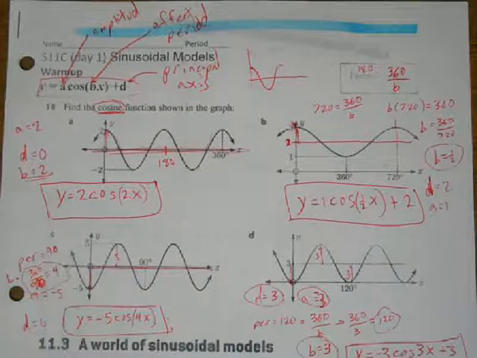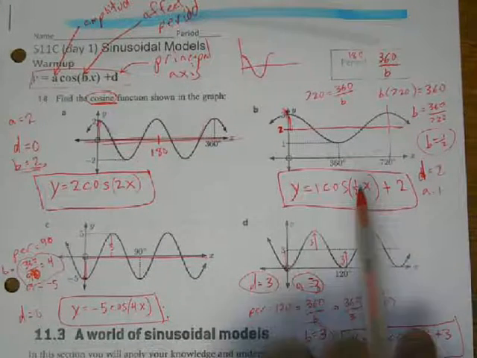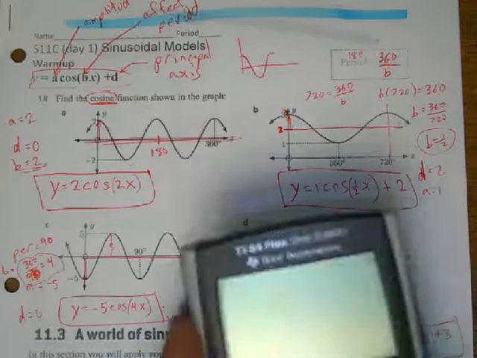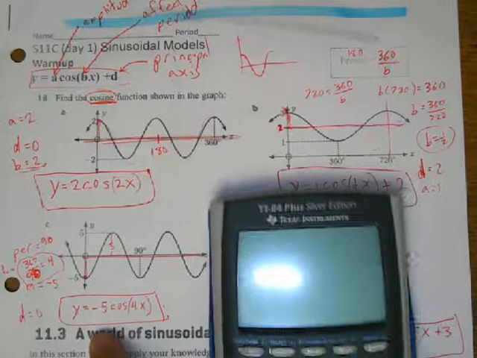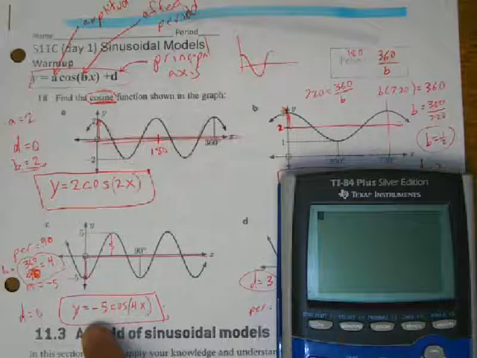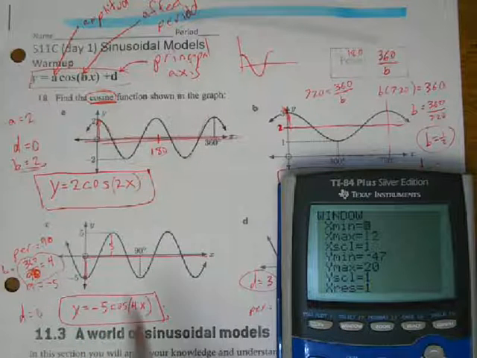Okay. All right. You may want to hit pause and think about this for a second. I think the trickiest thing is finding the B values. And you can always check your answers. Let's just check this one for a second here. So we have to change the window. I need to make the X window here.